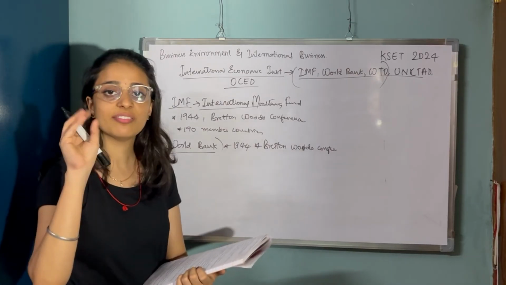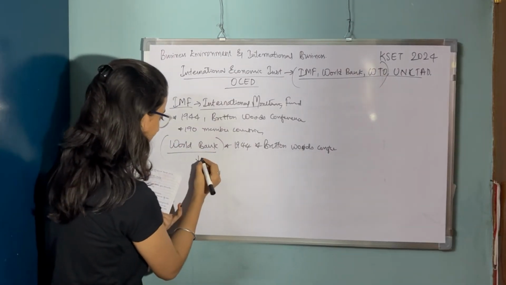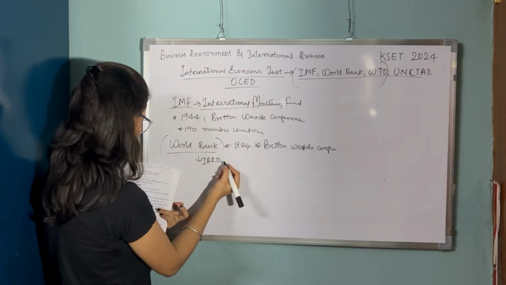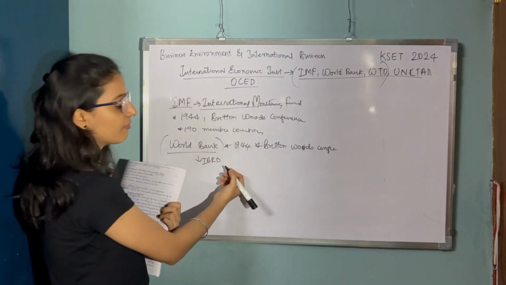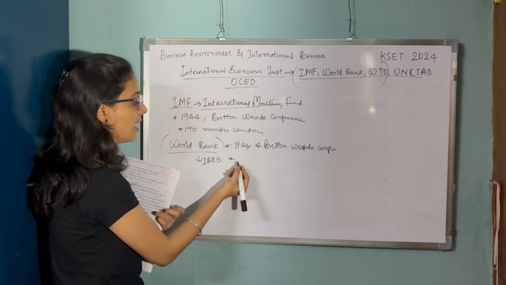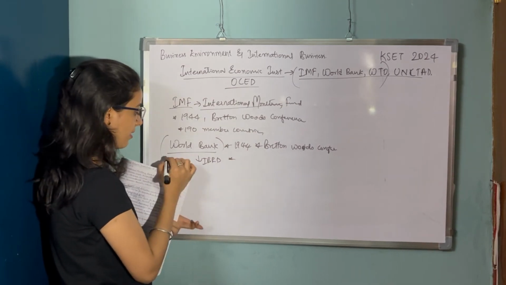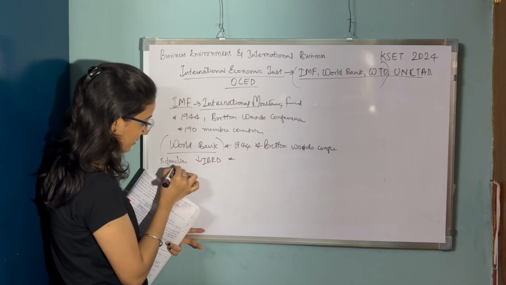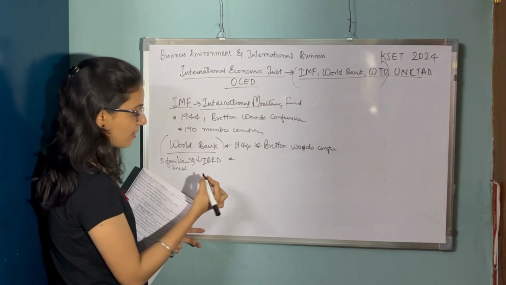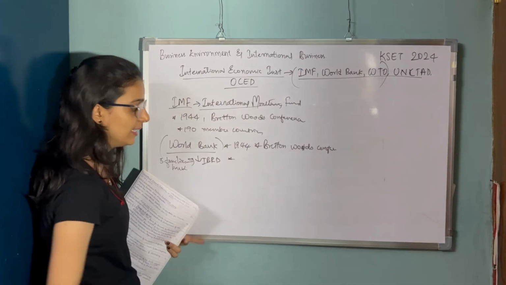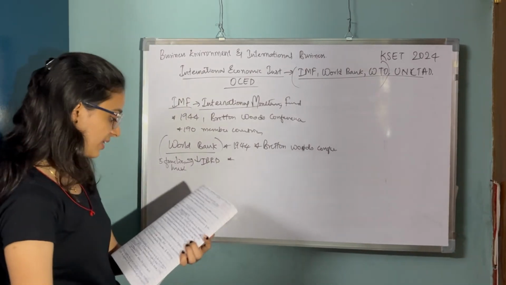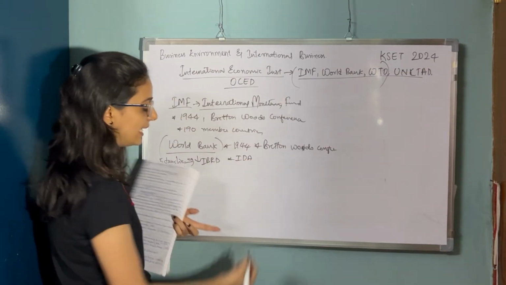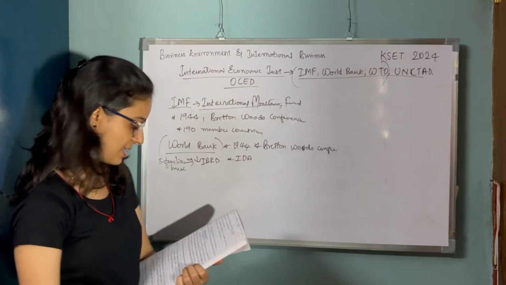So there are 5 organizations under World Bank. Those are IBRD, which stands for International Bank for Reconstruction and Development. So World Bank is a bank of 5 family banks: IBRD, that is International Bank for Reconstruction and Development. Next is IDA, International Development Association.